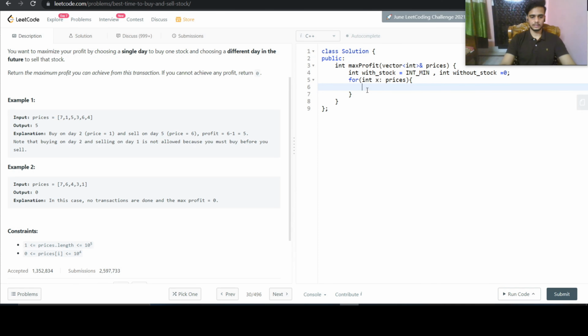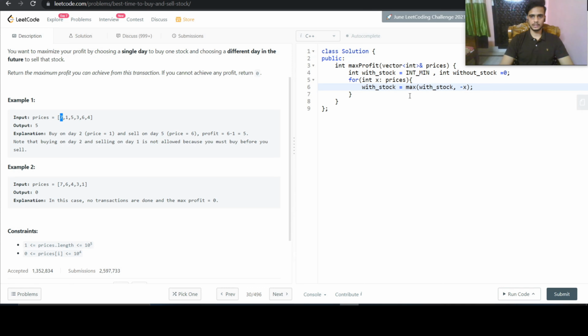and then we'll choose for withStock. So withStock is equal to max of withStock and minus x. So on a particular day, we can buy a stock.